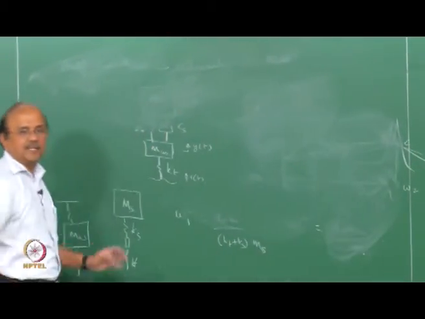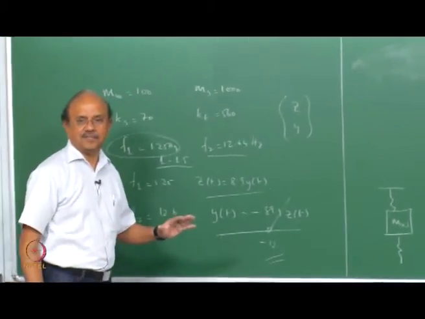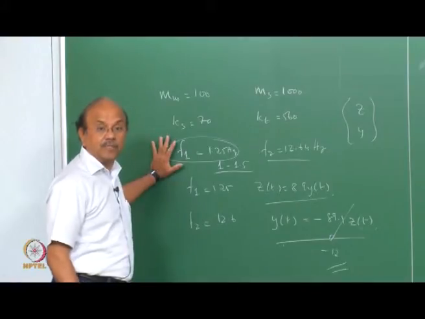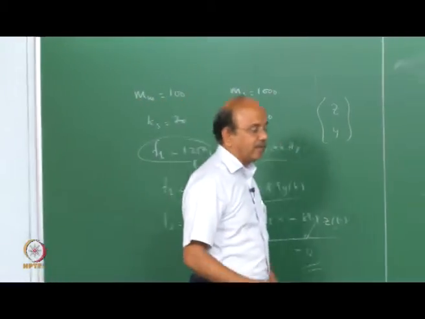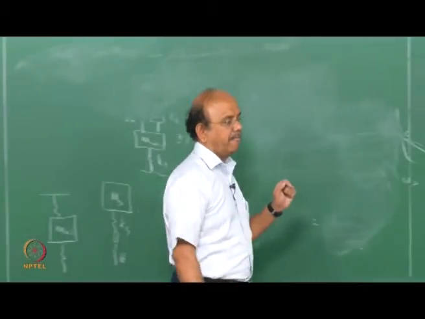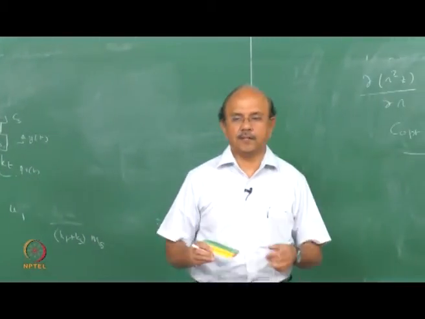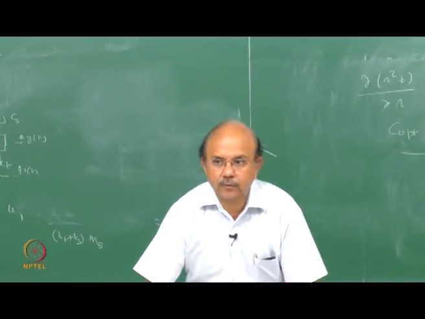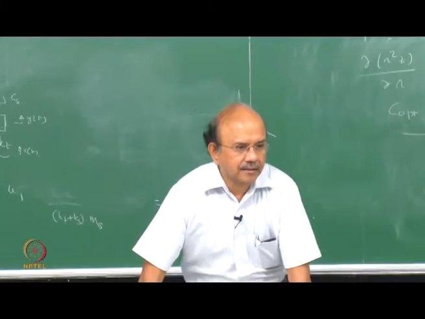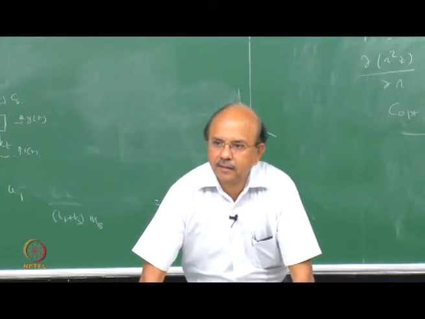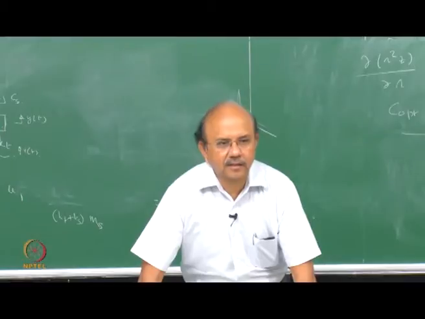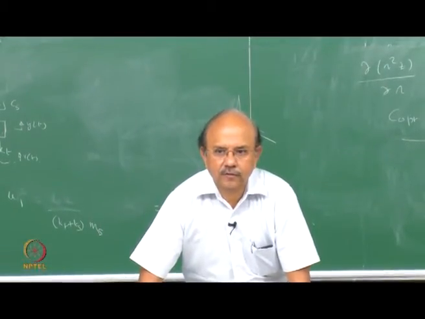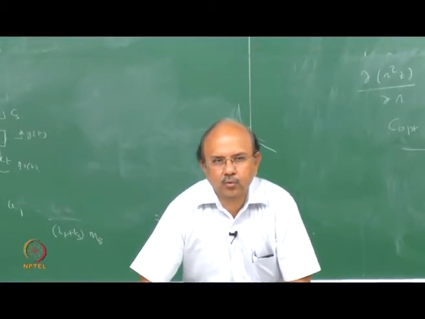So what are the lessons learned in the quarter car model? Two of the important frequencies are not going to change. In fact, we have done extensive testing with many cars in India. When I put an accelerometer at the axle position and at the body position, in all these cars you can very clearly see Z and Y have natural frequencies between 1.2 to 1.5.